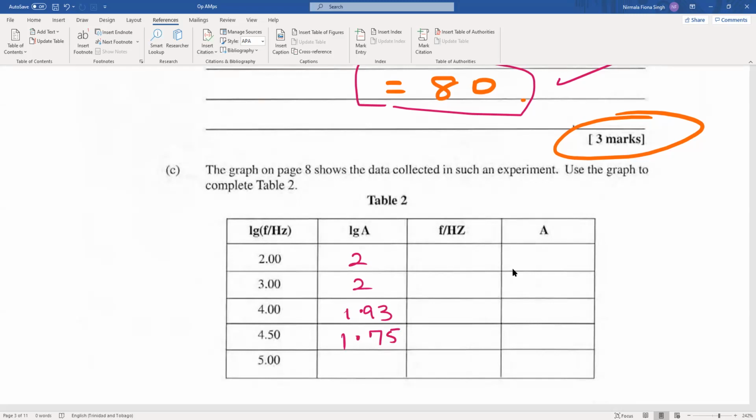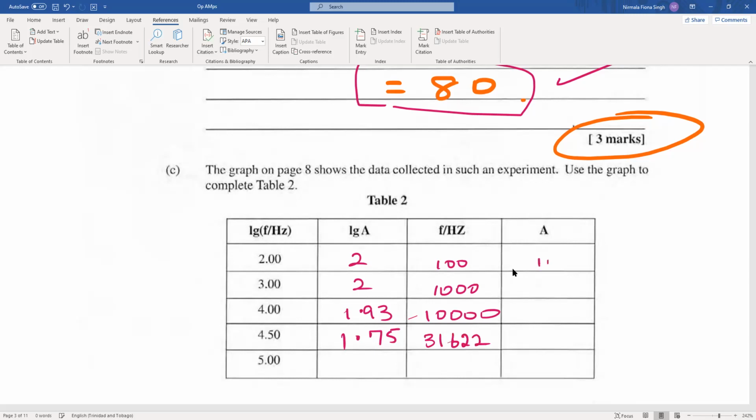Anti-log of 2 will be 100. Then you'll have 1,000, 10,000, and for 4.5, 31,000, 62, something.